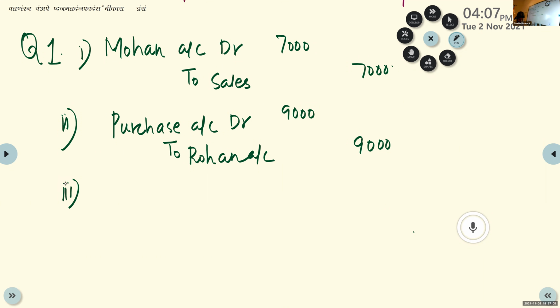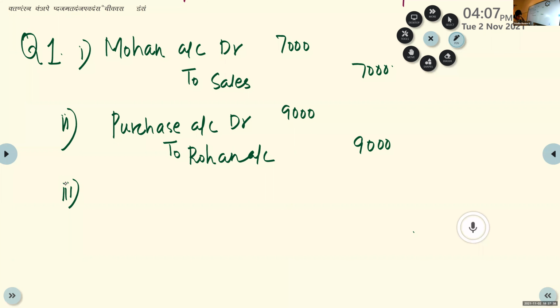Goods returned to Rakesh, rupees 4,000 were not recorded. Yes, Krishna. Purchase account debtor to Rakesh. It is goods returned. It is returns.